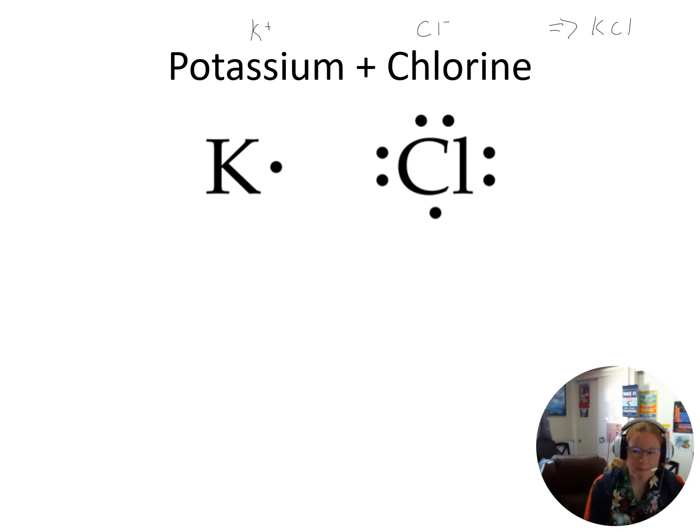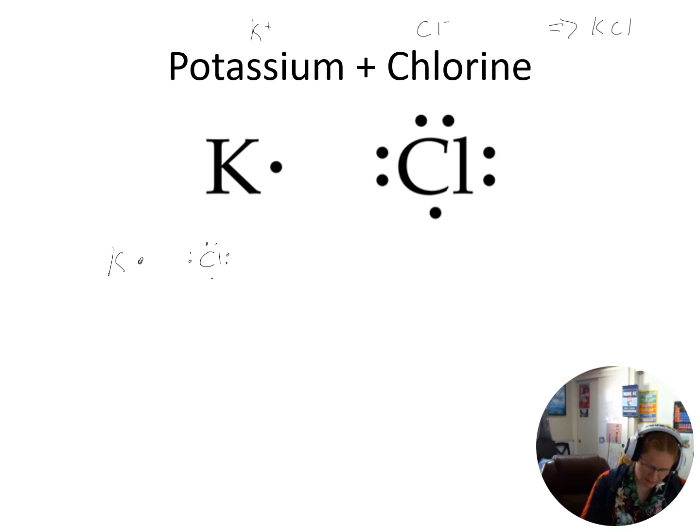Okay, so what's happening with the electrons, though, to achieve the octets? Well, let's see here. I've got my potassium, and I've got my chloride. All right, so potassium forms a cation, so it loses the electron. Chlorine forms the anion, so it gains the electron.